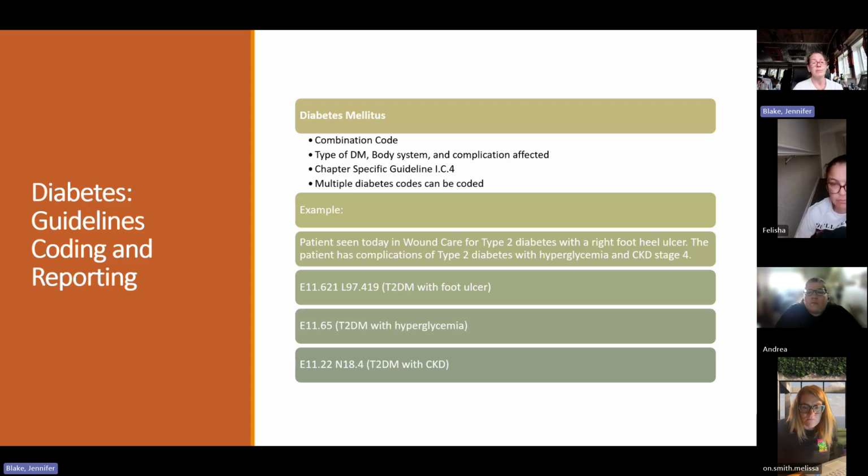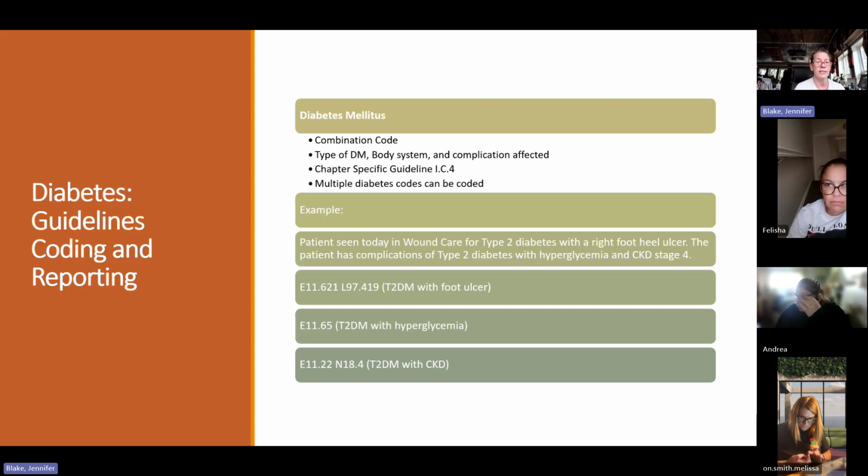Okay. A lot of times people with diabetes will get ulcers on their feet. This patient had that. Patient also has complications of type 2 diabetes with hyperglycemia, okay, which is high blood sugar. And CKD is chronic kidney disease. That's another condition that diabetics get, stage 4. So it's in the last stage, stage 4.